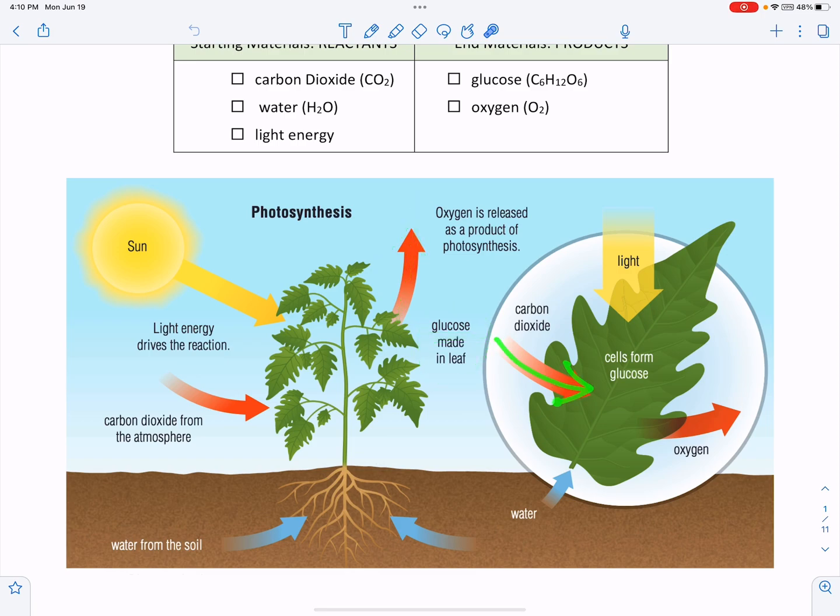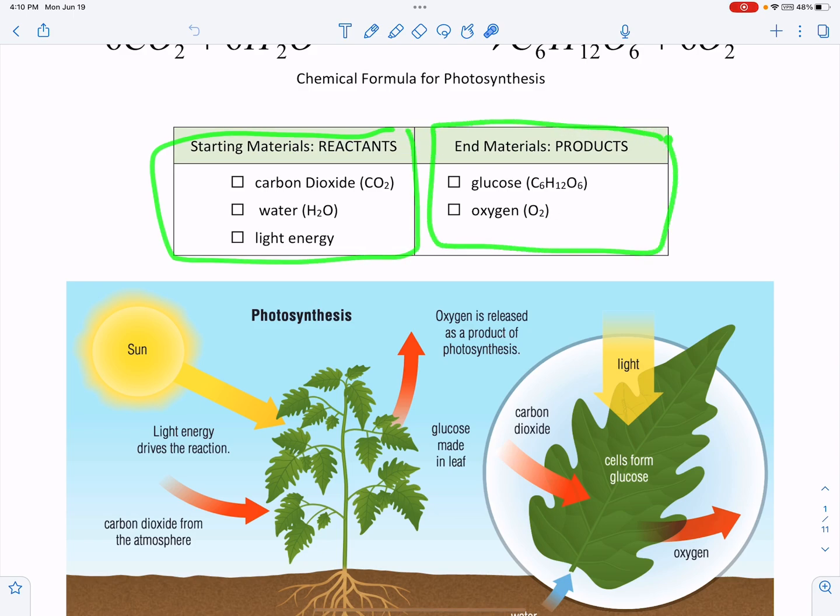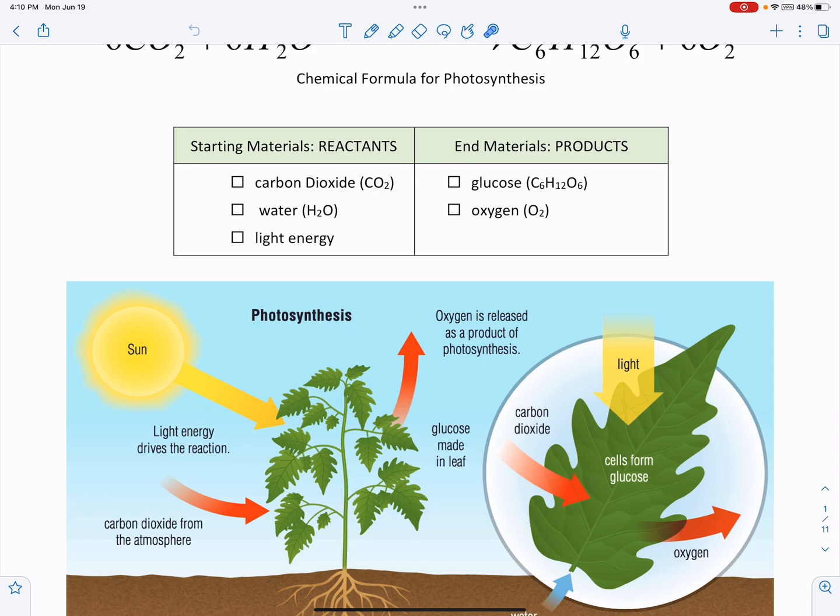So, carbon dioxide and light make glucose and release oxygen. We also get the water inside the plants from the soil. Please remember what the starting materials, the reactants, and the end materials, the products are for photosynthesis.